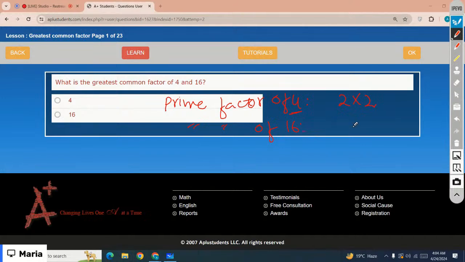The prime factorization of 16 is 2 times 2 times 2 times 2. So the common number here is 2 times 2, and these are the common factors. That means the GCF is 2 times 2 equals 4. So 4 is the greatest common factor of 4 and 16. Got it? The correct option is 4.